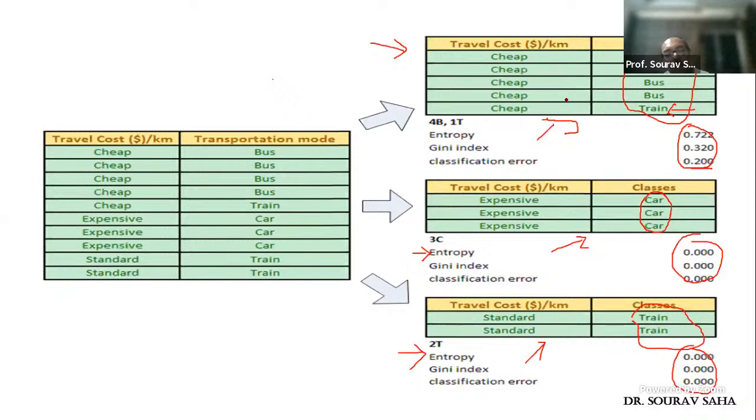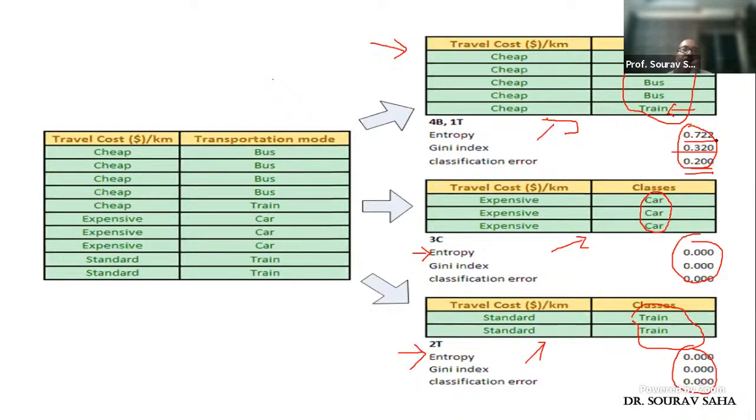The rest 5 is giving me 0. These 5 data points give an impurity value of 0.2. So its contribution is 5 by 10 into 0.2, which is 0.1 for the classification error, 5 by 10 into 0.320, or half into 0.320, which is 0.160 for the Gini index. And again, here it is half of 0.722.